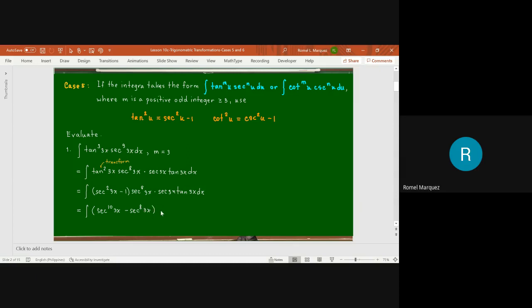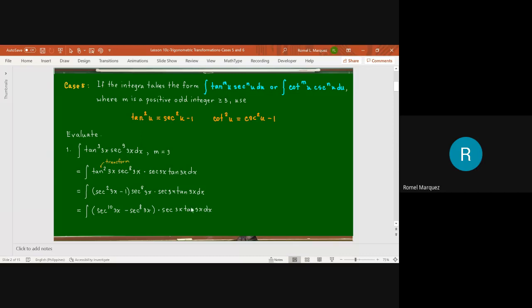Okay? So each will give us the general power formula. Each term will have a u of secant, and n from the first term is 10, from the second term, 8. Okay, guys? Do you have any question with that, guys?